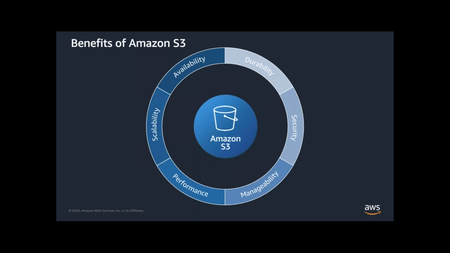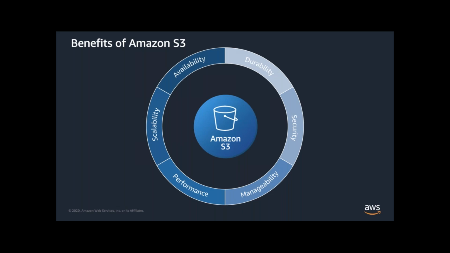It's been around for, I think, almost 15 years now. And what Amazon S3 provides is the scalability, the availability, the security, data management, and performance that you need for genomics. And S3 is an object store, which means it's virtually infinitely scalable. We have 11 nines of durability. For S3 Standard, it's about 4 nines of availability.